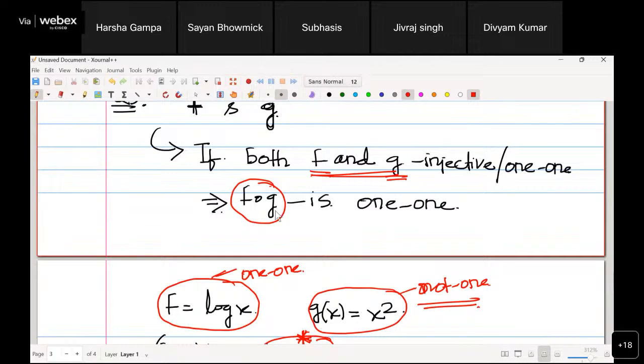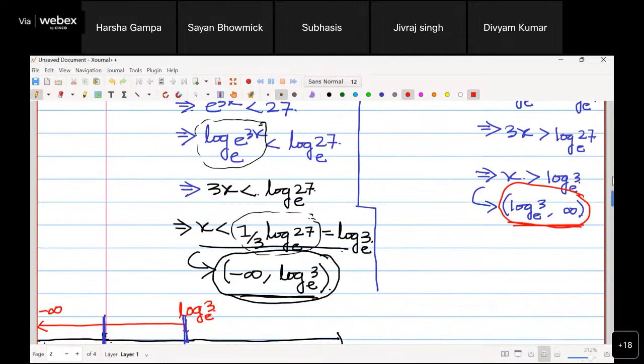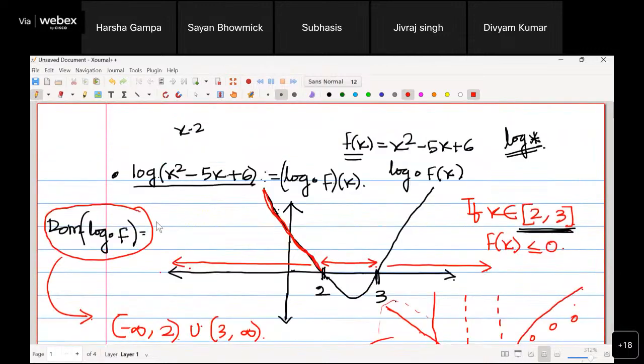Yeah, it's pretty easy. Let me tell you. If you see this quadratic function, it can't be 1 1, right? If you see this graph and try to draw a horizontal line, the line test fails.